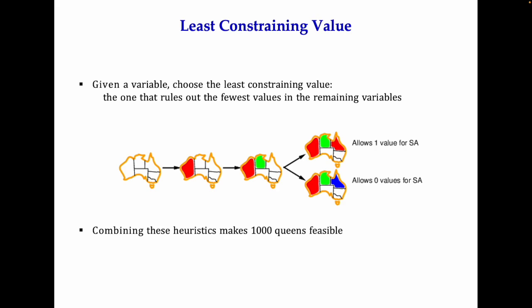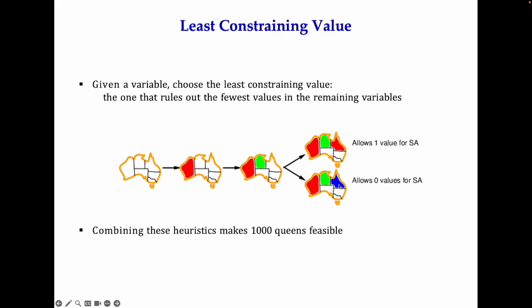Now, what if you color Queensland blue? What are the options for South Australia? No option, right? Because then South Australia is stuck: it cannot have red because of Western Australia, it cannot have green because of this region here, and also it cannot have blue because of Queensland.